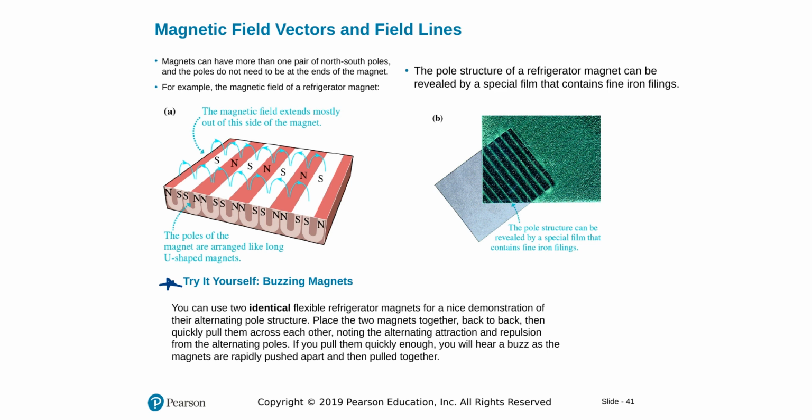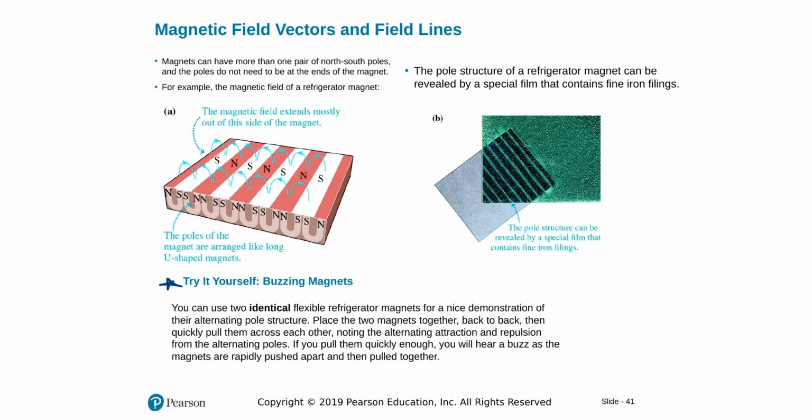Place the two magnets together back to back, then quickly pull them across each other, noting the alternating attraction and repulsion from the alternating poles. This will give you many magnets and how their poles are affecting each other. If you pull them quickly enough, you will hear a buzz as the magnets are rapidly pushed apart and pulled together.